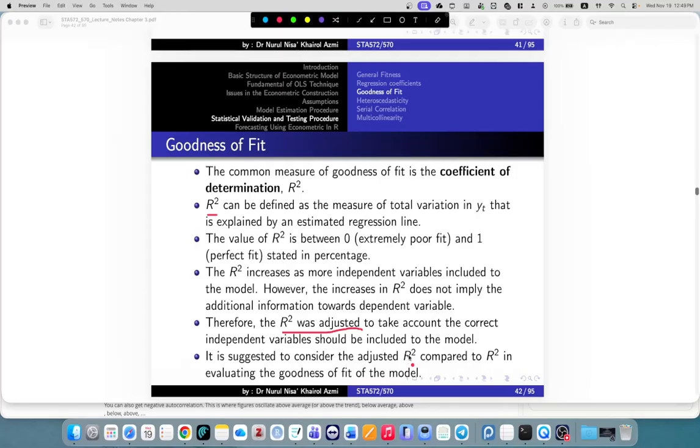We suggest you use adjusted R square compared to R square, but we can report both. But be careful when explaining the R square.